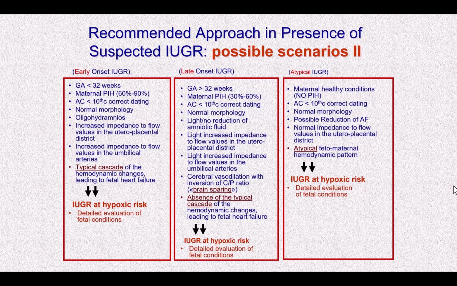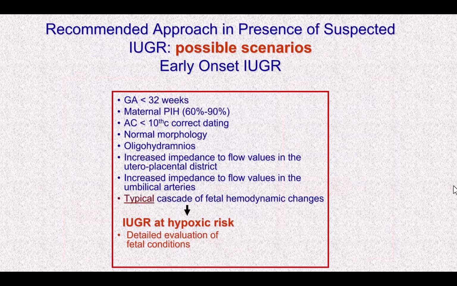The early onset is the first scenario that I'm going to show you, and the main aspect of this scenario is, as you can see, a gestational age of less than 32 weeks, maternal pregnancy-induced hypertension very frequently, a small fetus with normal morphology, oligohydramnios, increased impedance to flow values in the uteroplacental district, increased impedance to flow values in the umbilical arteries, and particularly important is the typical cascade of hemodynamic events that I'm going to show you.